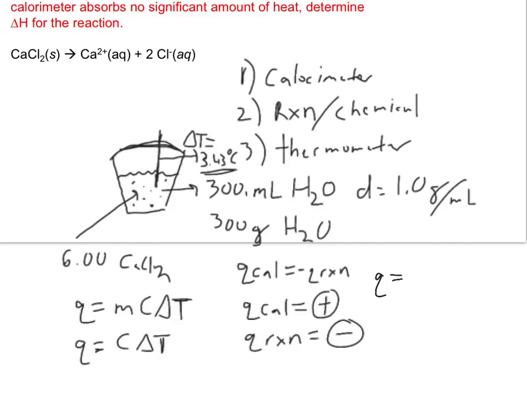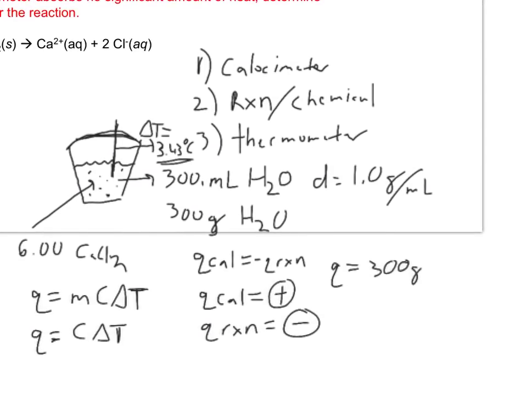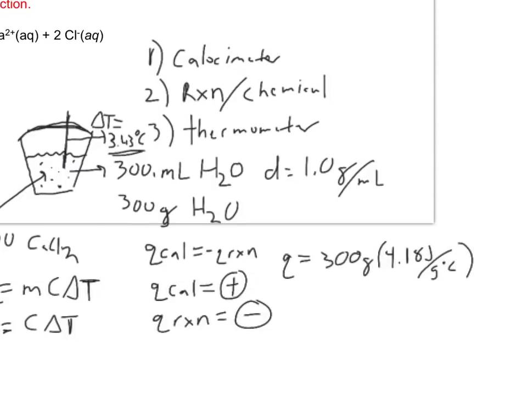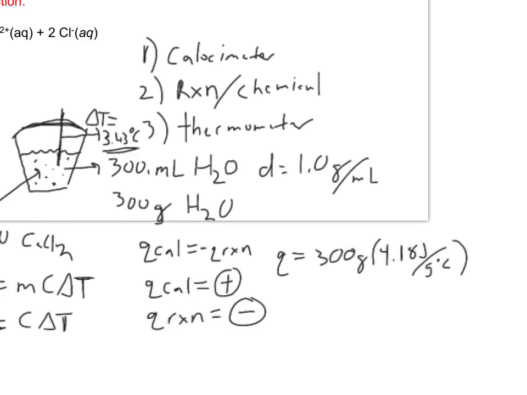So Q, 300 grams of water. The question said we can assume that the solution is going to have the same heat capacity as water. So 4.18 joules per gram degree Celsius. And the change in temperature is 3.43 degrees Celsius.